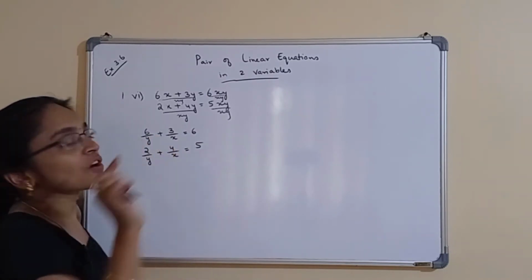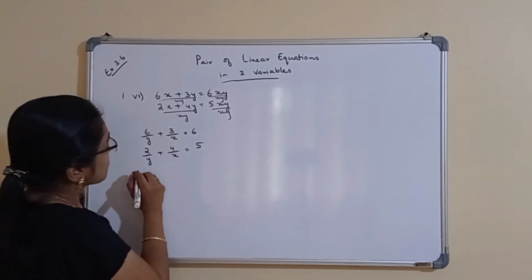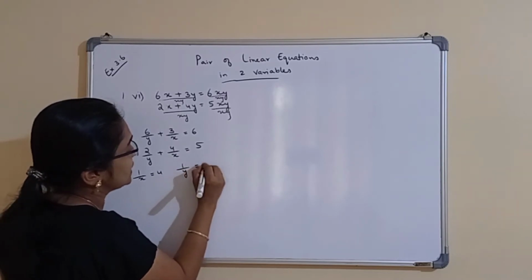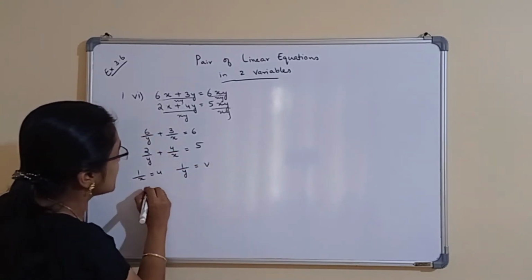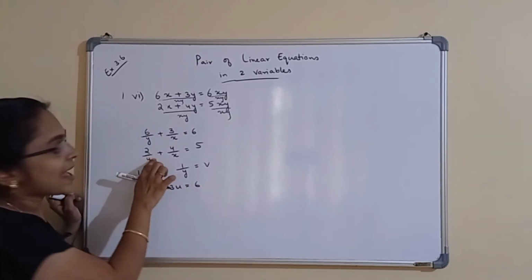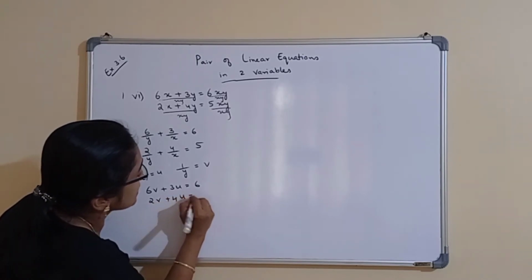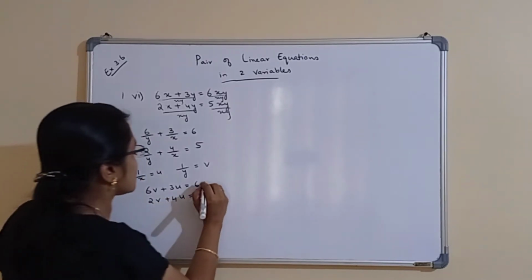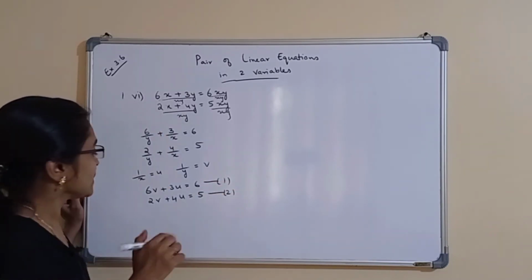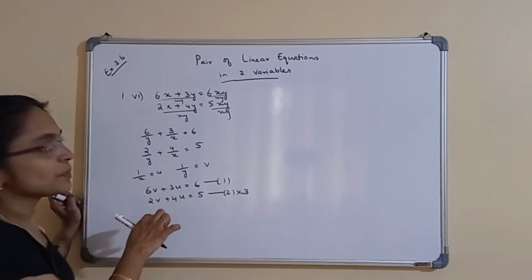Okay, now we have got this in the form that we have already seen, that is take 1 by x as u and 1 by y as v. So this equation will become 6v plus 3u is equal to 6 and 2v plus 4u is equal to 5. So this is equation 1 and this is equation 2. Now we can solve this by elimination method. So multiply this by 3 so that we can eliminate v.